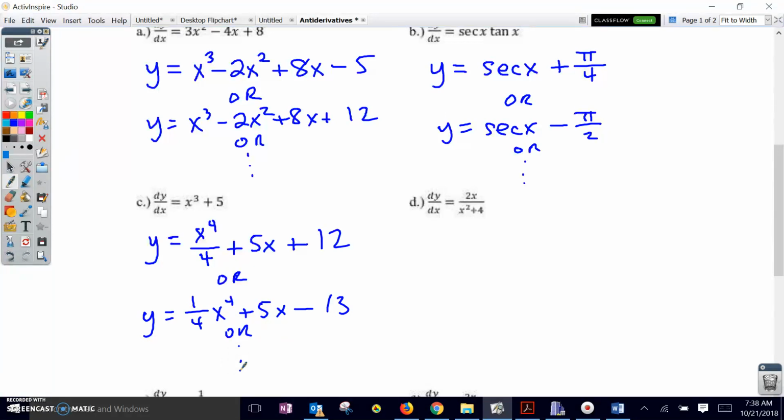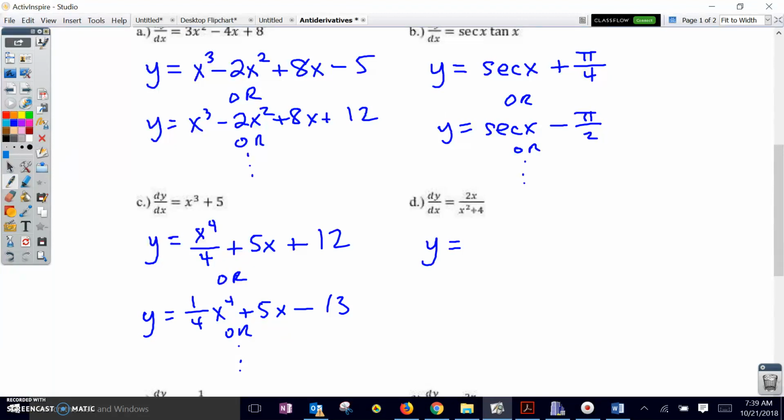Alright, part D is a little trickier. Dy dx, the antiderivative of that is y. And let's see, what can I take the derivative of that gives me 2x over x squared plus 4? Now hopefully you recognize that with this x squared plus 4 in the denominator and with an x in the numerator, this is going to be a natural logarithm based function.